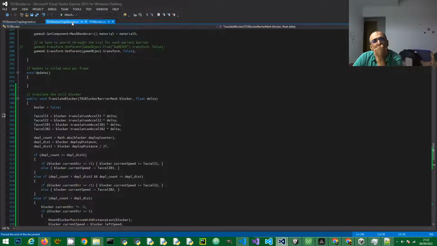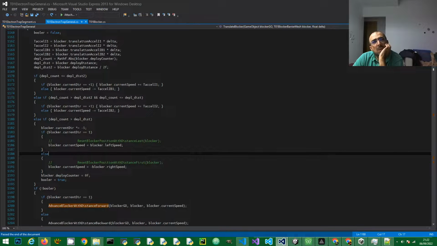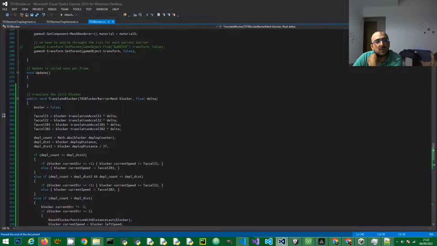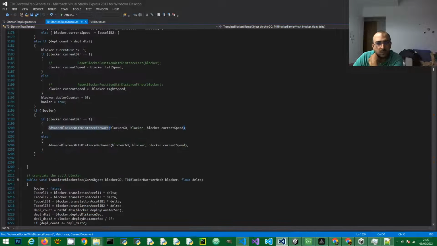Good. So we have it here and here. So where do we have to put this function? We have to put it inside our blocker. Our blocker. Good. Let's paste this also.